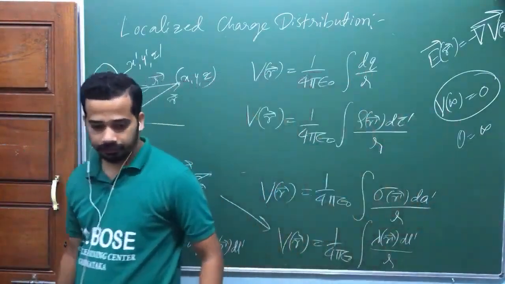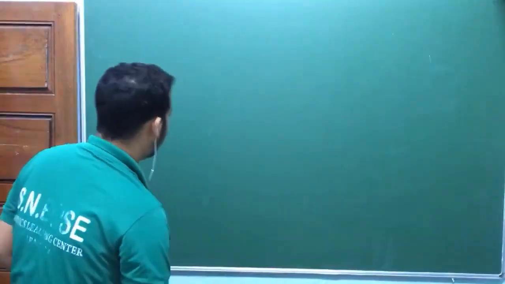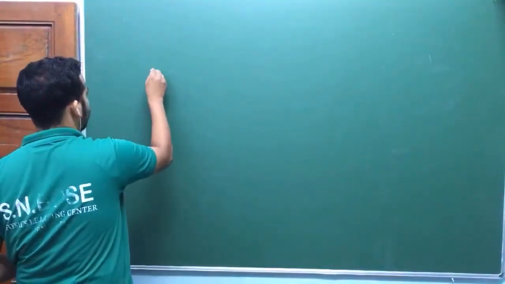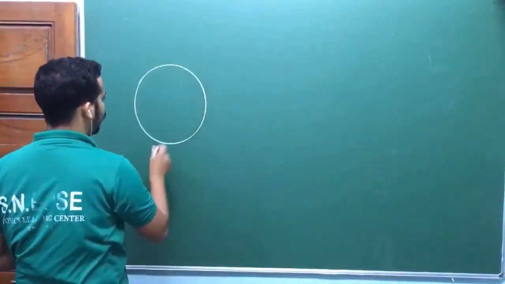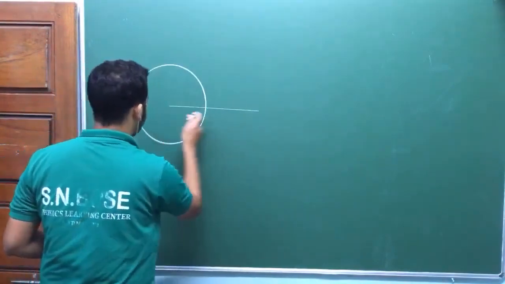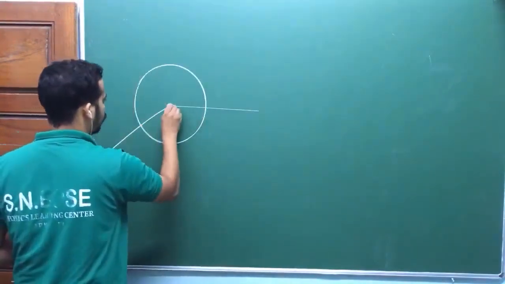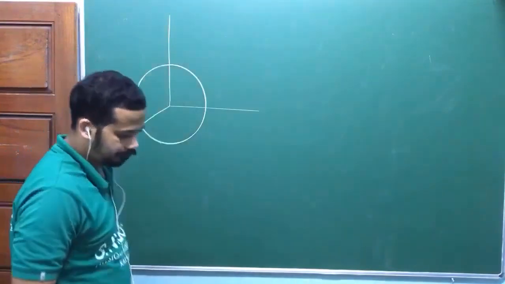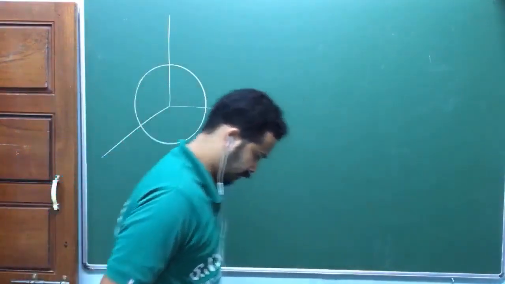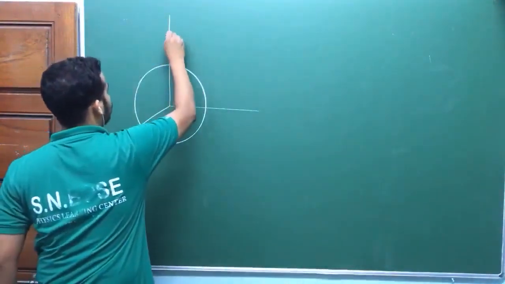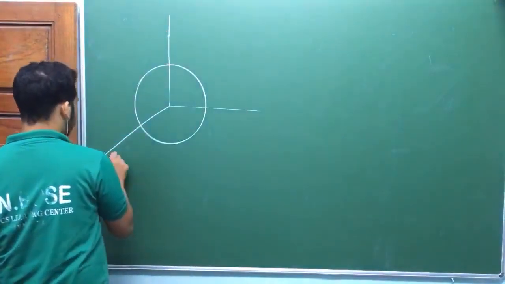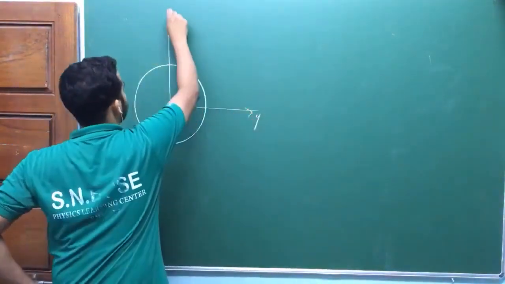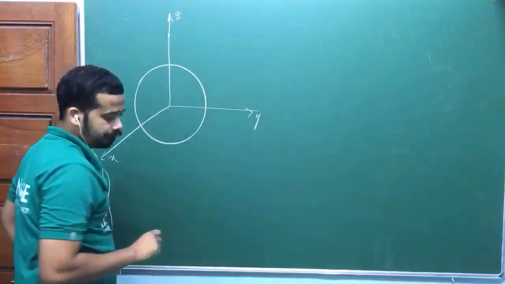So take the example of yesterday's one. I have a sphere, okay? I'll choose the center of the sphere as the origin. And I want to find the potential at a distance z along the z axis, okay? This is the x axis, y axis, z axis, okay?